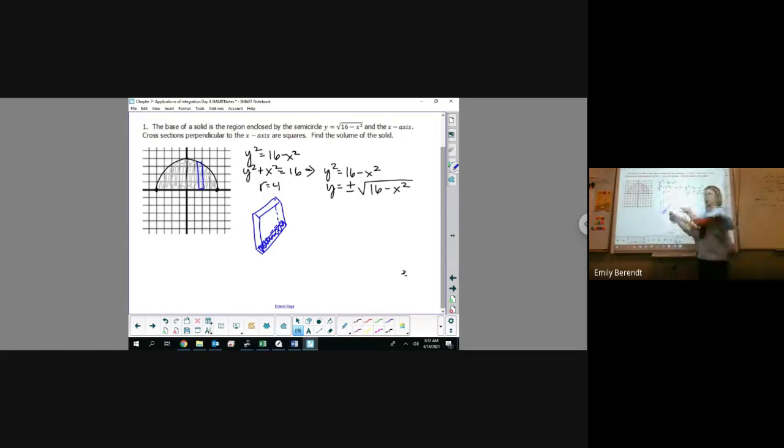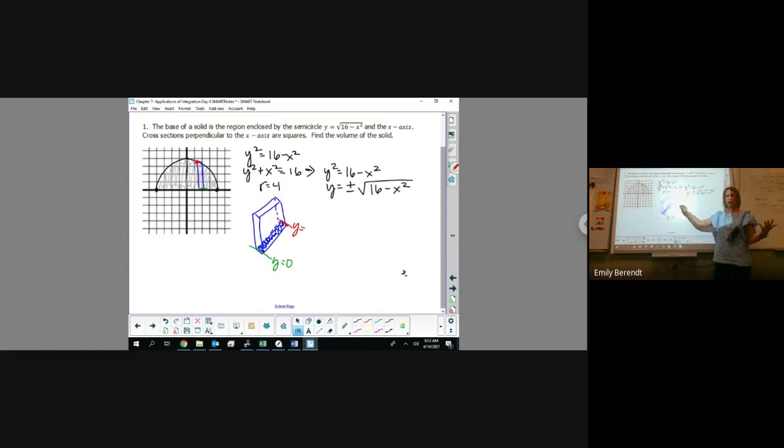This part of the square is the rectangle that you guys just drew. And so the bottom of this rectangle here is touching the x-axis, which has the equation of what? y equals 0. And then the top of this rectangle is touching what curve?